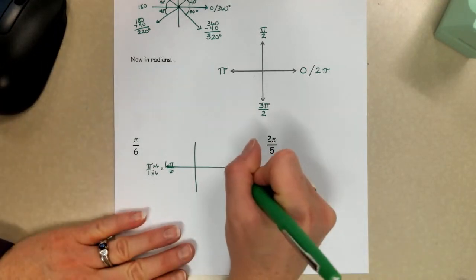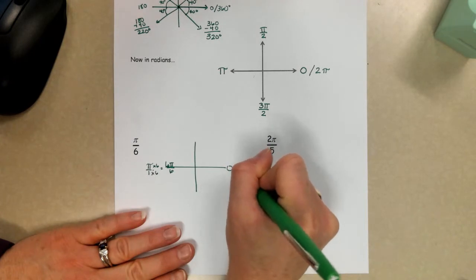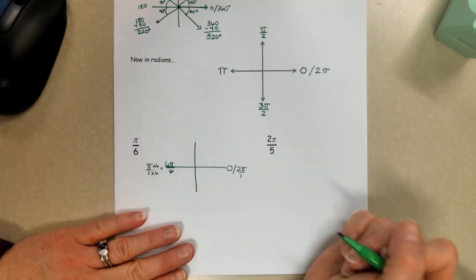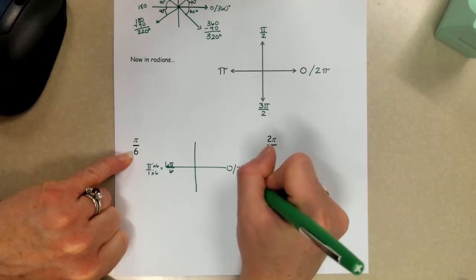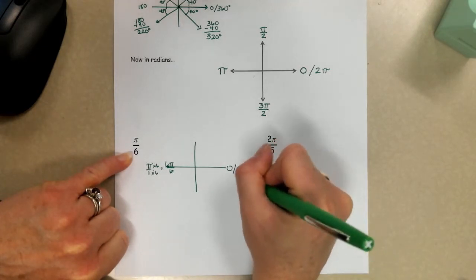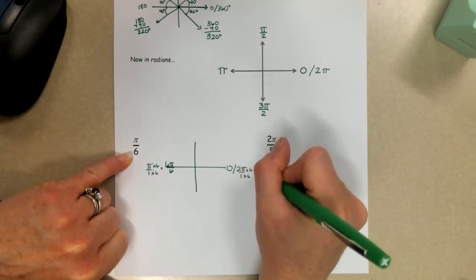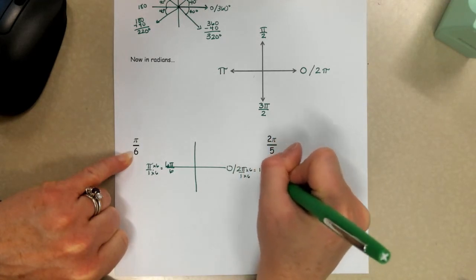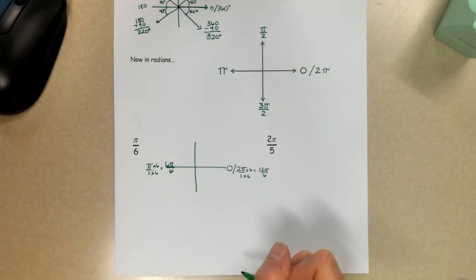Okay, let's do the same thing with 2 pi over here. 2 pi has a 1 on the bottom, but since we're going to want to subtract something with a 6 on the bottom from it, let's make the equivalent fraction by multiplying top and bottom by 6 here, so we'd have 12 pi over 6 instead. Okay.